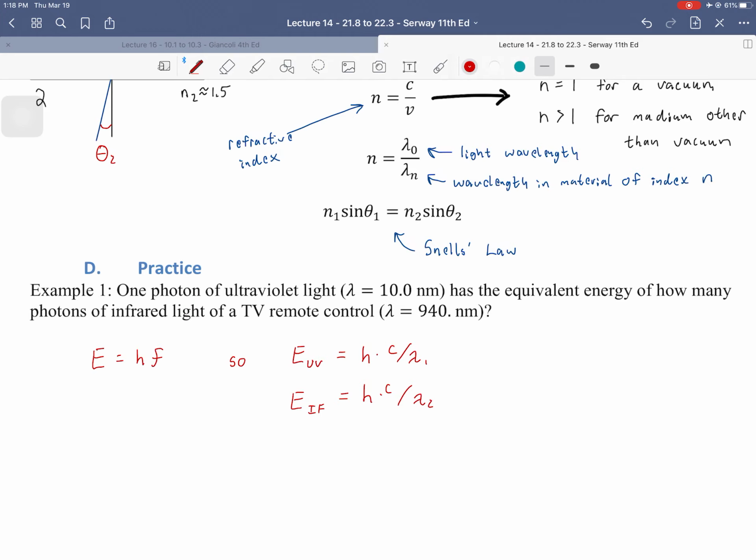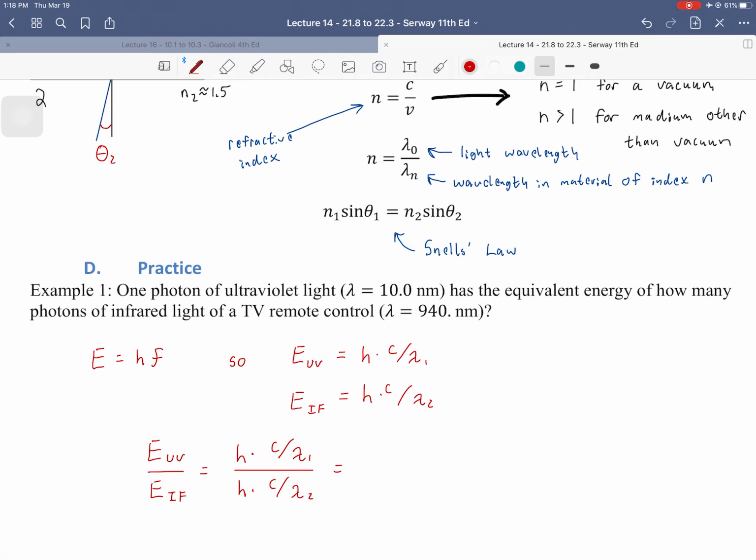Now I want to find out the ratio: how many of the energy of UV are equal to the energy of the infrared. So I take the ratio of UV over infrared. I've got Planck's constant, speed of light, and you probably see how everything's going to cancel out, at least all the constants will.